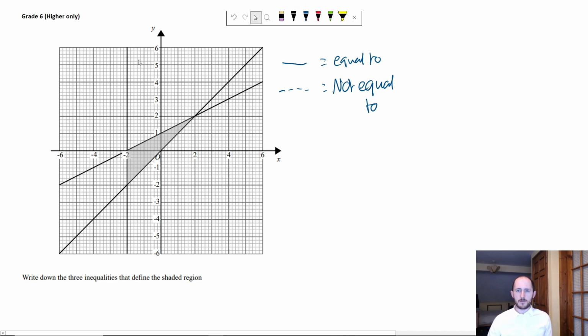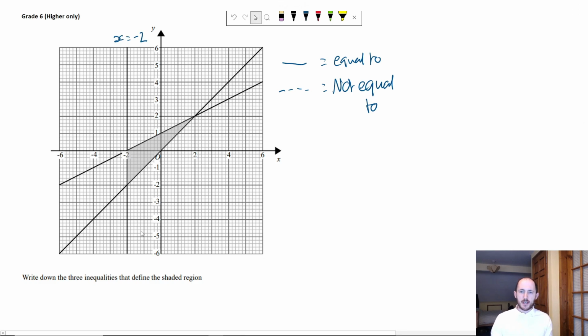So what would I start with? Well, I like to look at this vertical one. That's quite easy to do. Okay? And what is the equation of this line? And that's all you need to think, by the way, is what's the equation of the line. Well, it's a vertical line, so it's x equals something, right? And in this case, it's x equals -2.